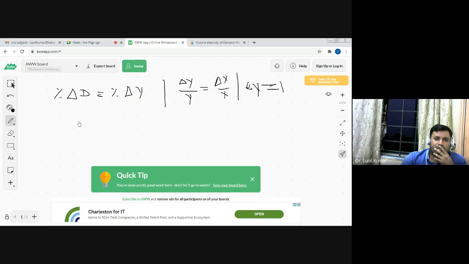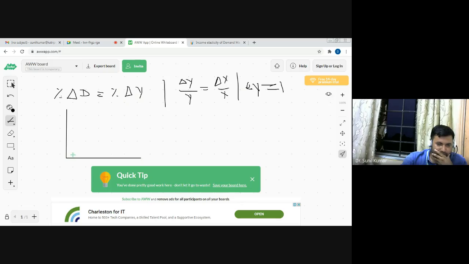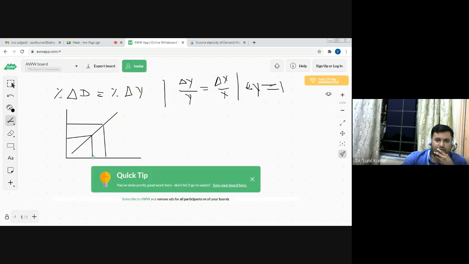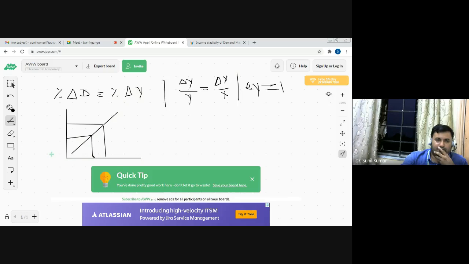So when it is depicted on the graph, we will find an equal proportion of both.